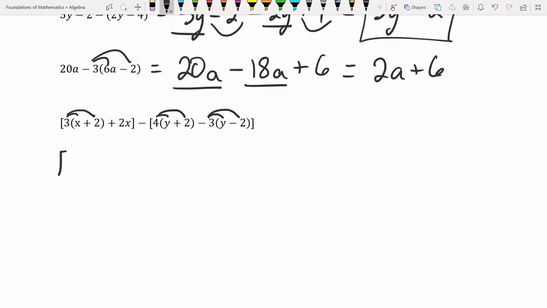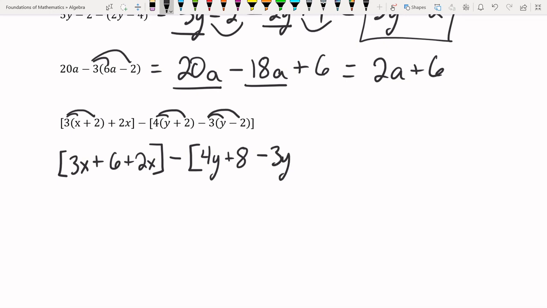So first off, we have 3 times x is 3x. 3 times 2 is 6 plus 2x minus 4 times y is 4y. 4 times 2 is 8. Then we have negative 3 times y is negative 3y. Negative 3 times negative 2 is positive 6.